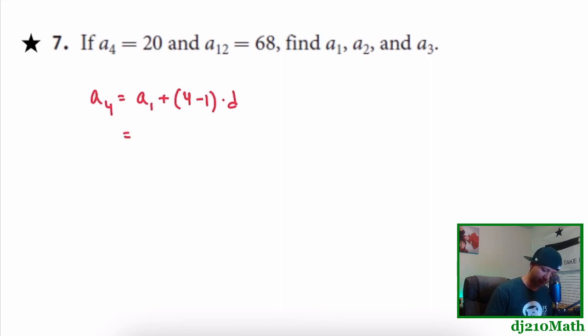That's okay. What can we do here? A sub 1 plus 4 minus 1, which is 3, times the common difference. A sub 4 we know is 20.